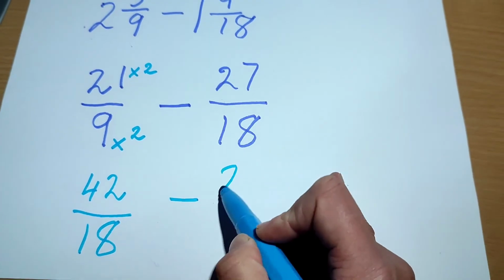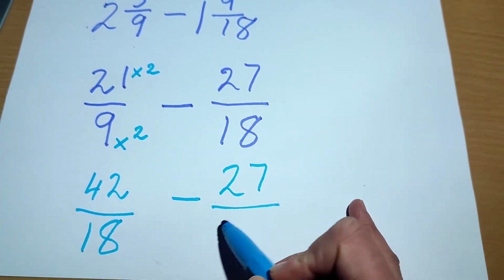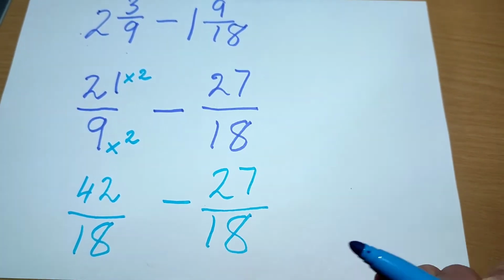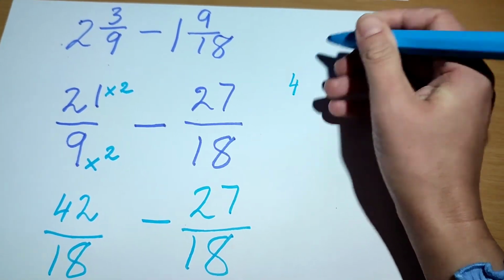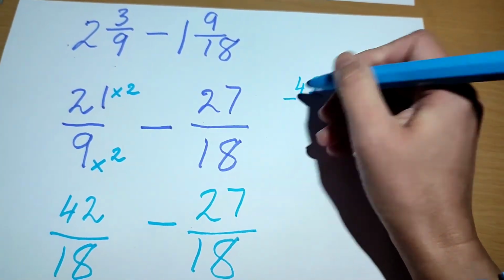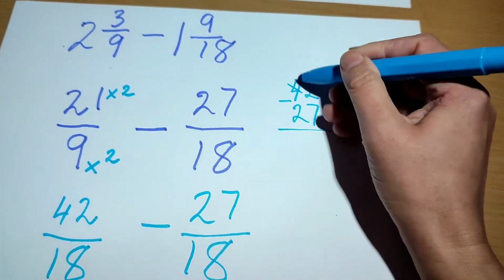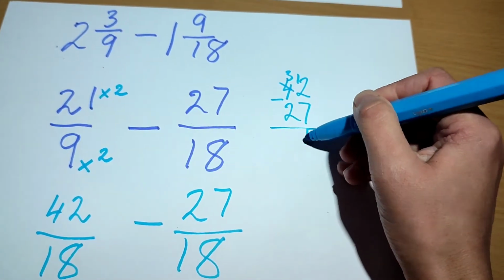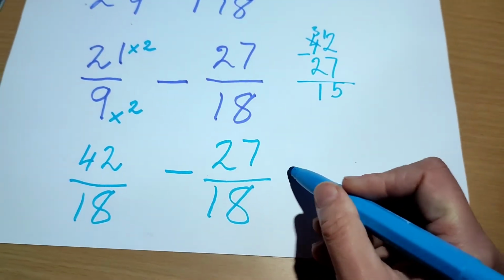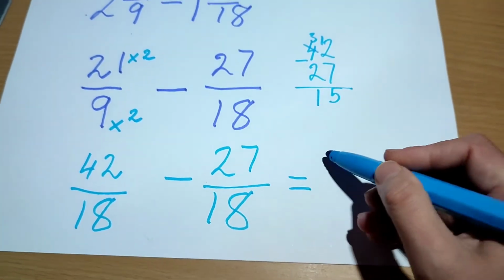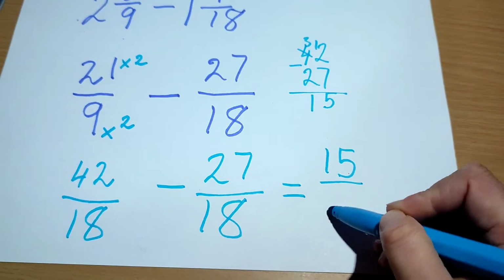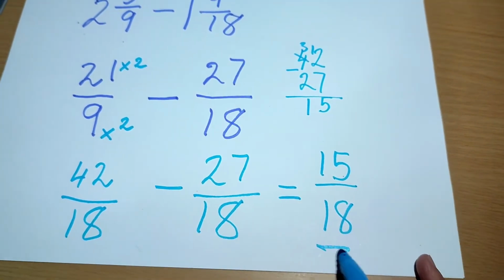take away 27 eighteenths. Right, if you can't work it out in your head, you could just do it as a column subtraction on the side. 15. Okay, 42 take away 27 is 15 eighteenths. You can leave it as that.